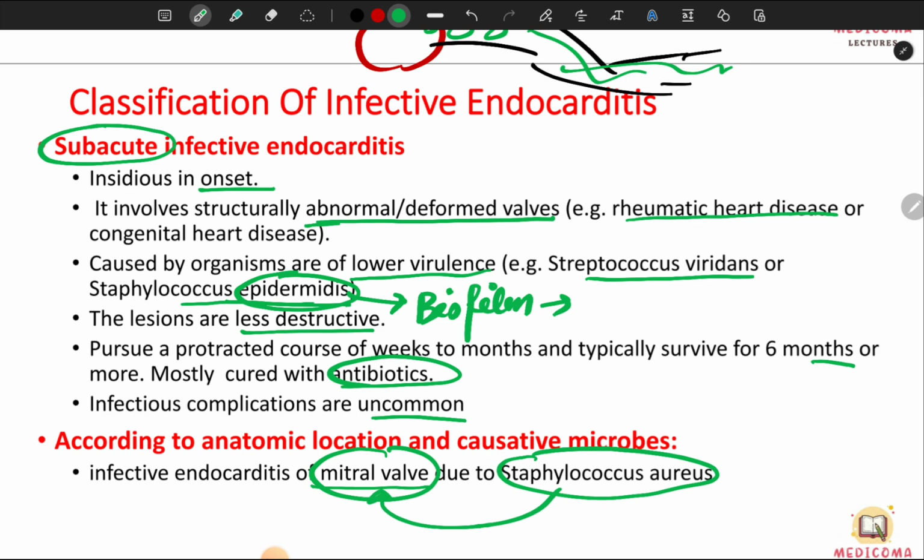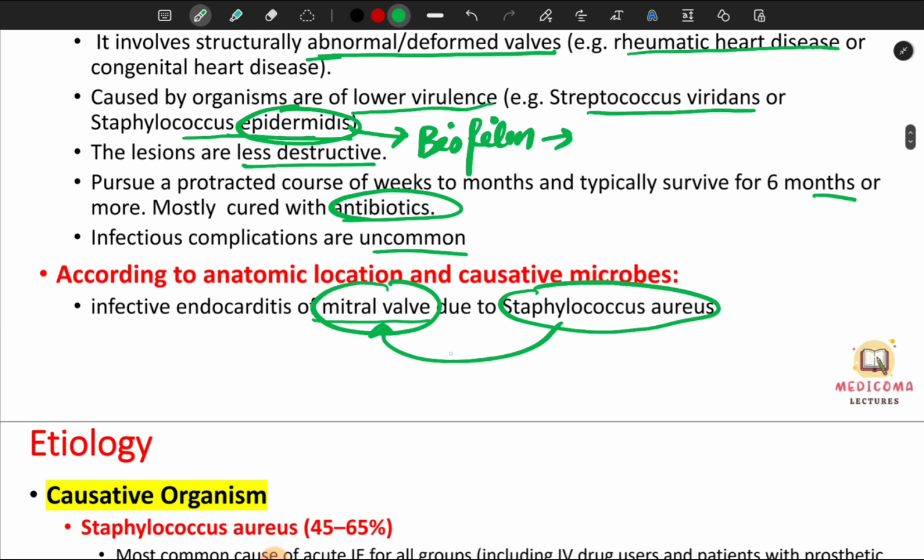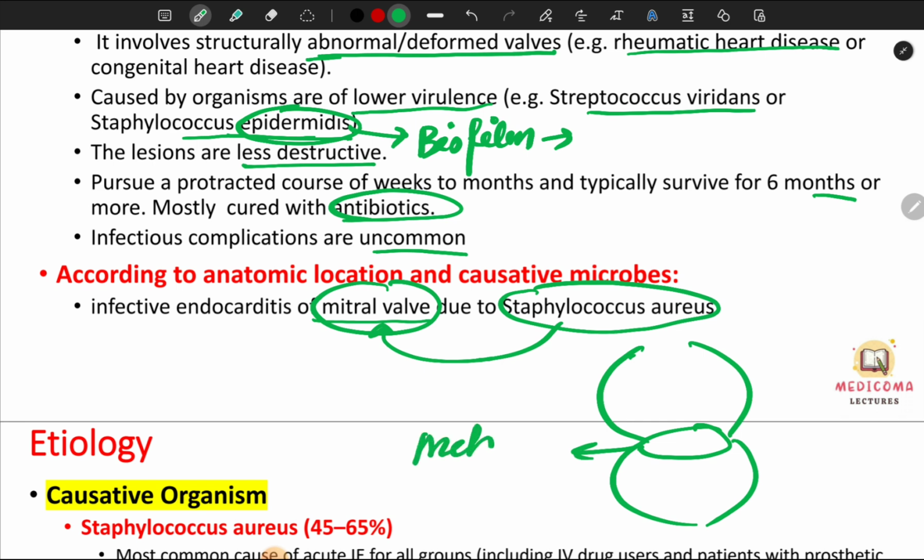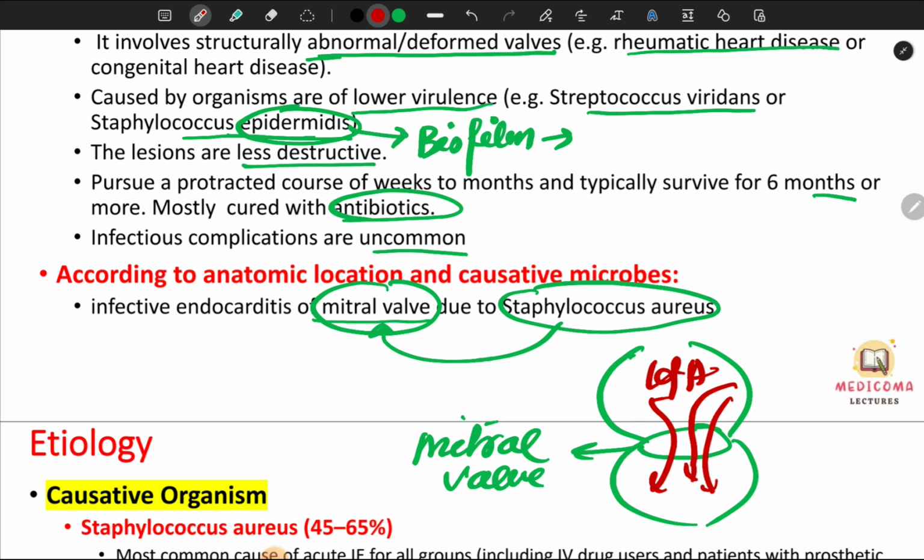The mitral valve, because it is the valve which undergoes high pressure. Blood from the left atrium, for example, this is the heart and this valve is the mitral valve, and the pressure in the left atrium is high, so blood rushes at very high speed from the left atrium into the left ventricle.